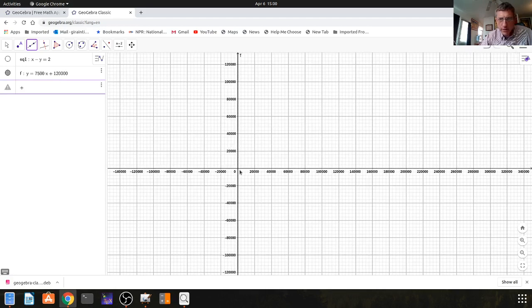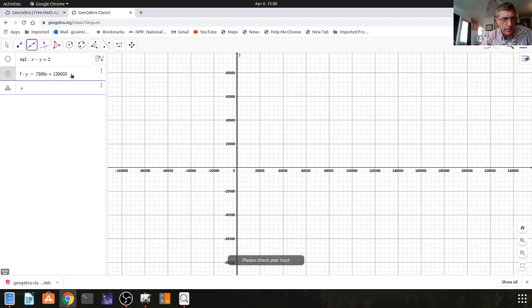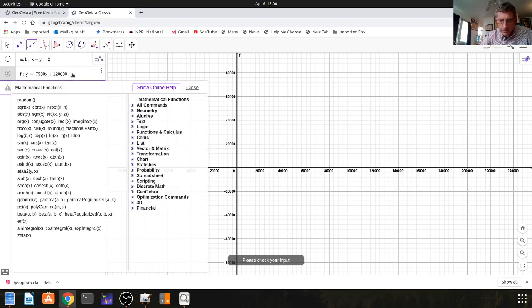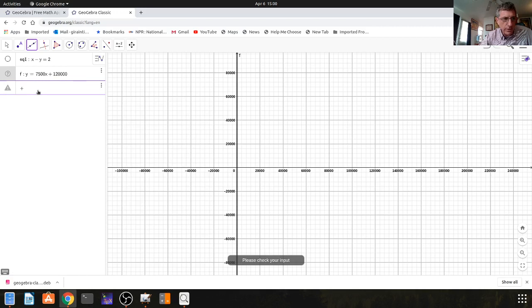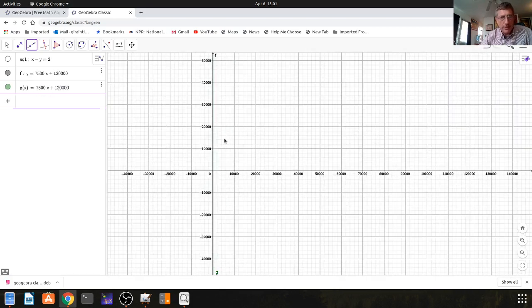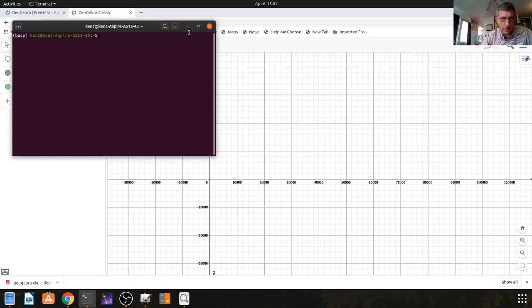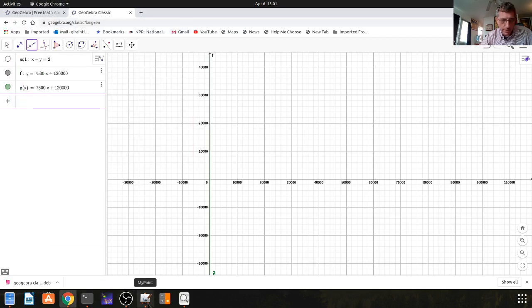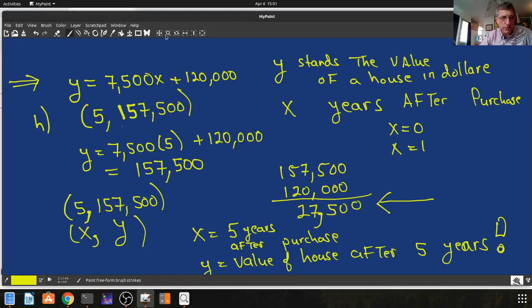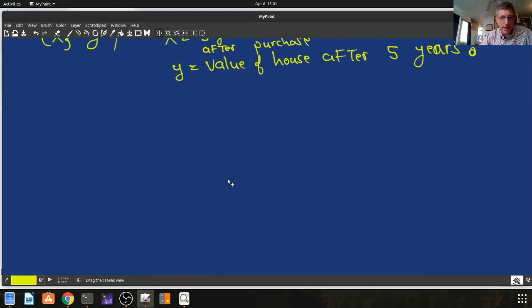No line. I don't know why it's not working. I'm not going to mess with it, but it's basically going to be a picture of linear growth. So I'll just sketch that out for you.